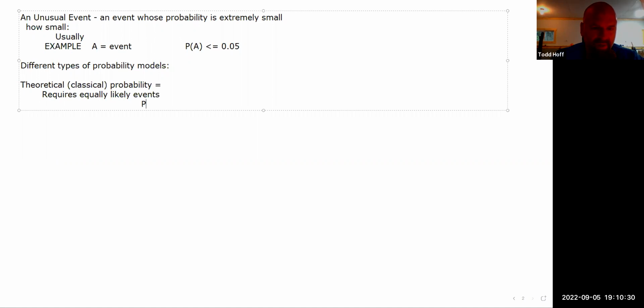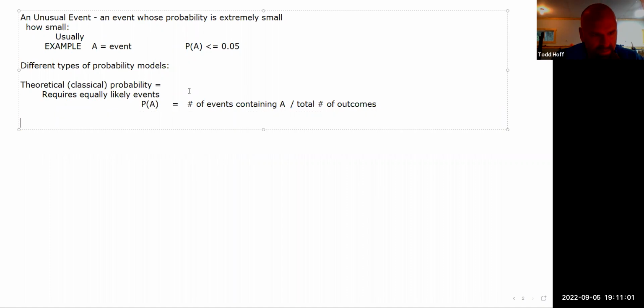So in this case, the probability of an event A is equal to the number of events, excuse the number symbol, containing A divided by the total number of events, total number of outcomes. So it's just quite a simple counting, basically, for theoretical or classical probability.